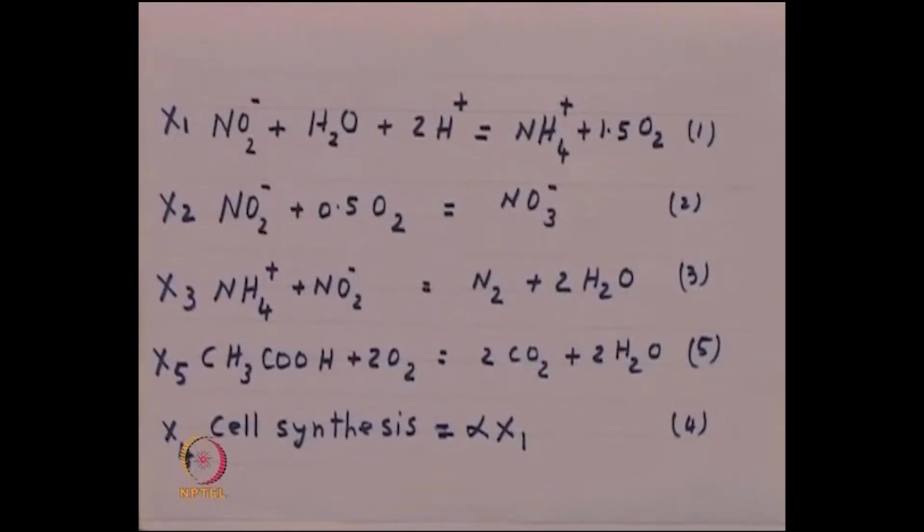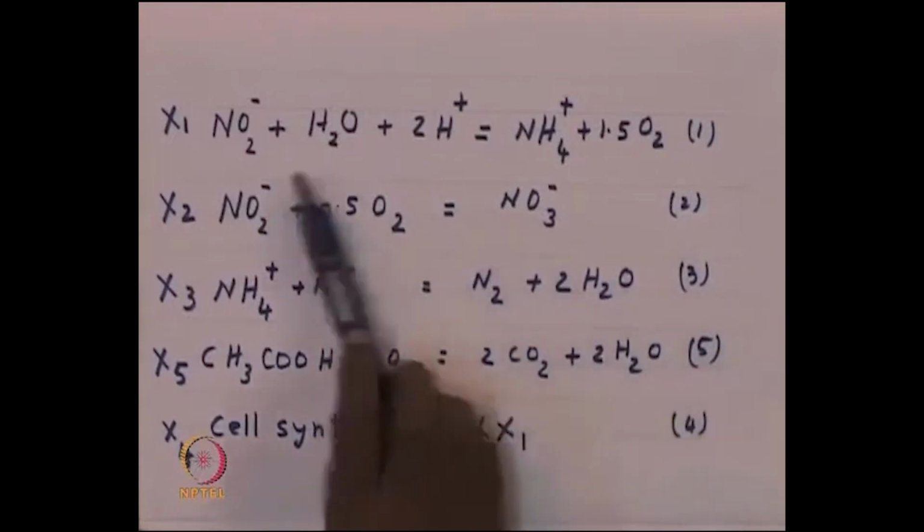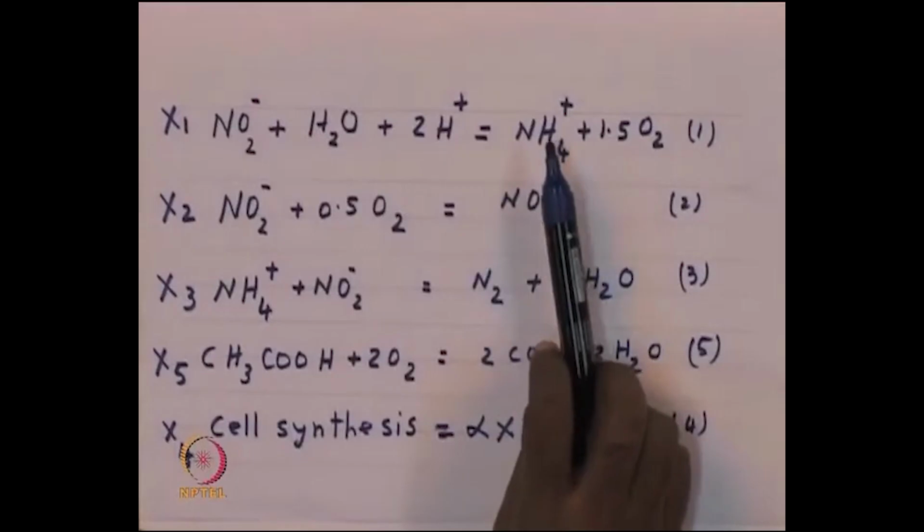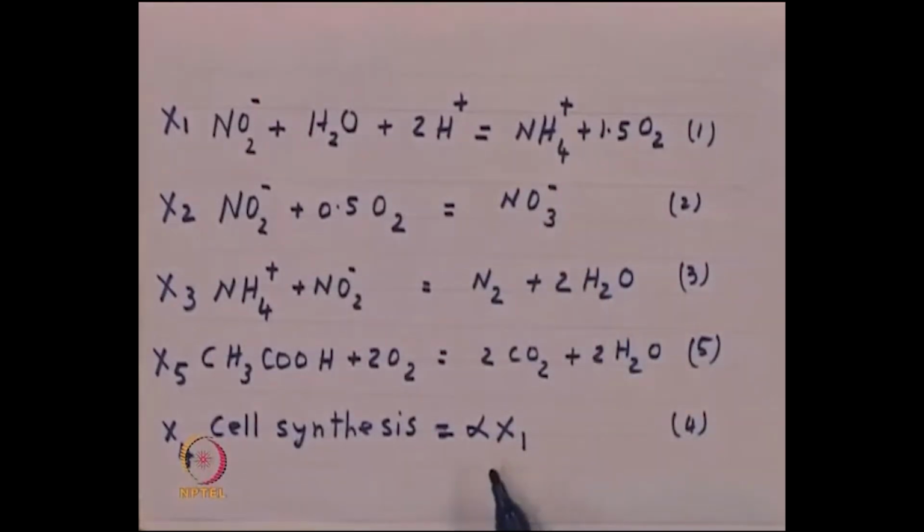Is this clear? If there is nitrogen fixation in the environment, that biological nitrogen goes into forming cells, and the amount of cell formed is simply alpha times x1, where x1 is the biologically produced nitrogen. Now, this is not a bad assumption, because there is a lot of data which suggests that if ammonia is produced biologically, it goes to form cells.